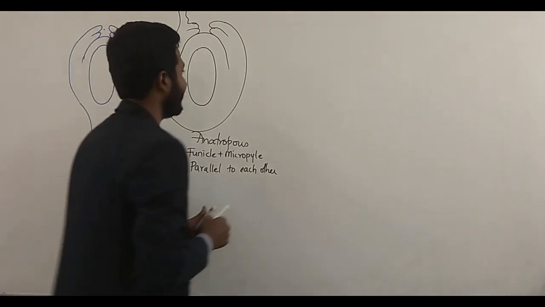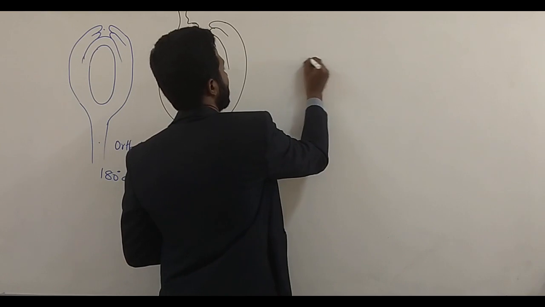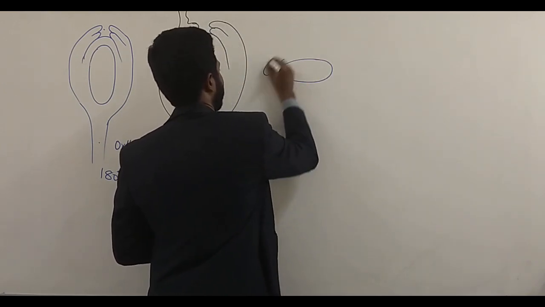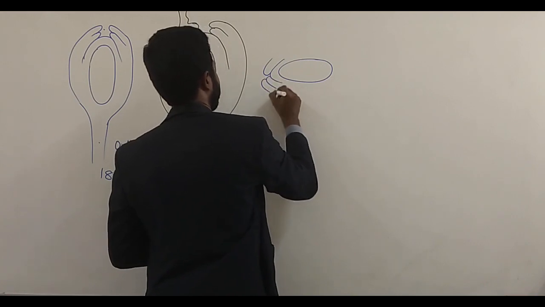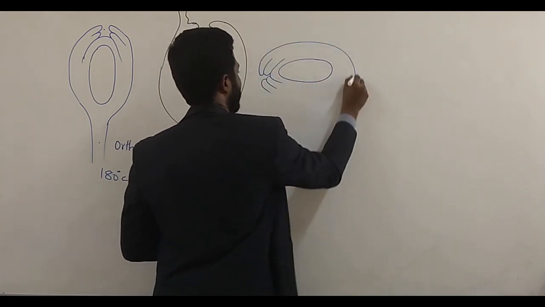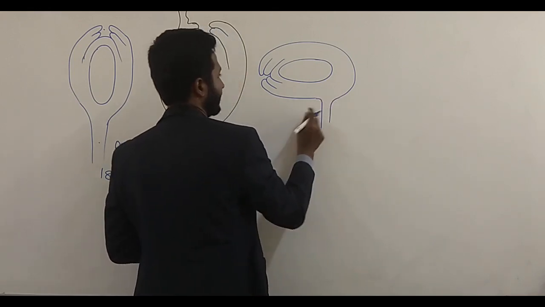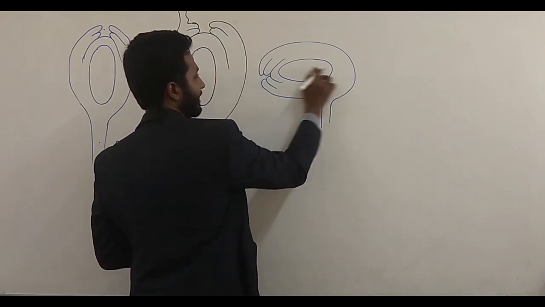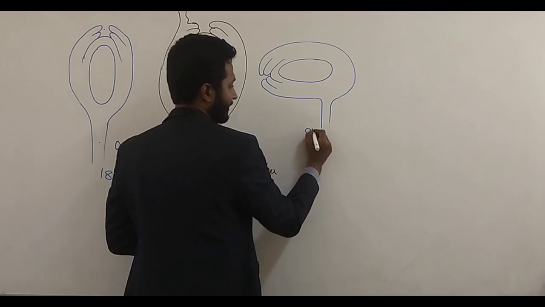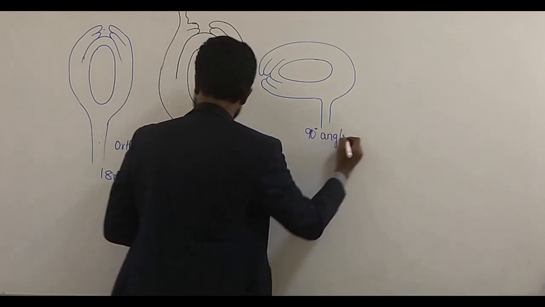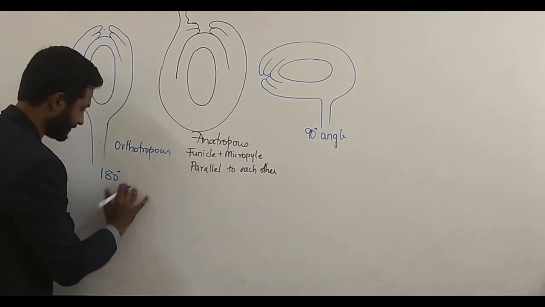Then you have a condition where the embryo sac has the funicle facing at a 90-degree angle with respect to the micropylar end. So there is a right angle being made. I'm sorry, this is not Celsius, this is angle.